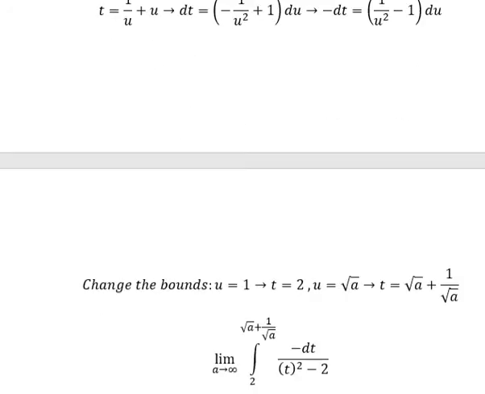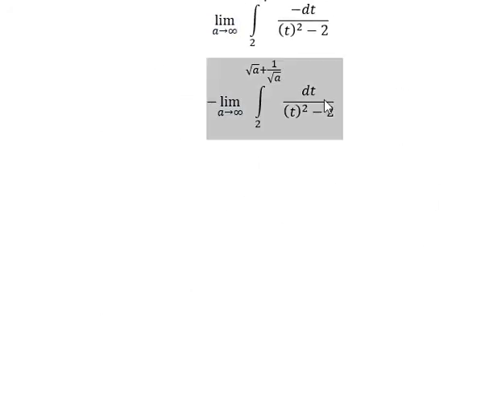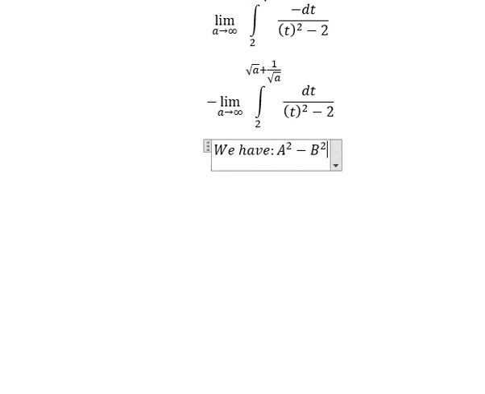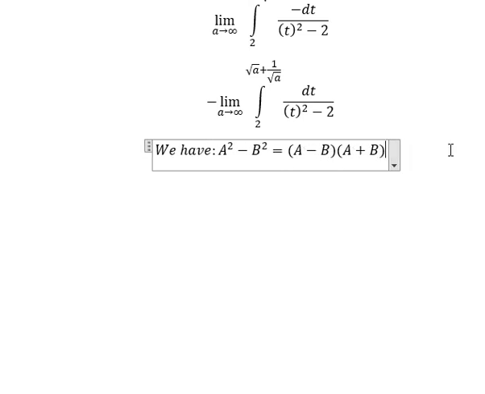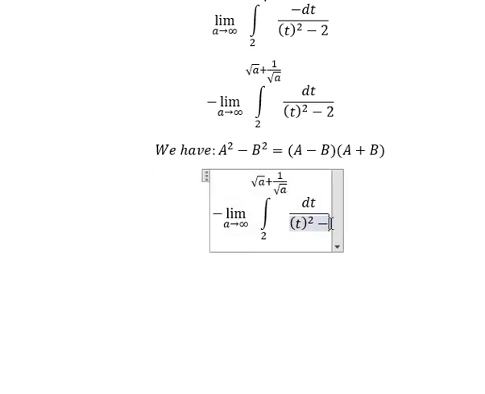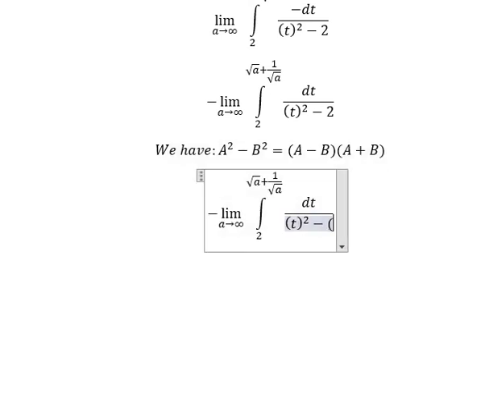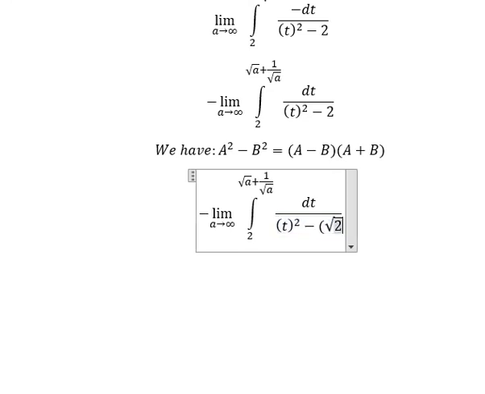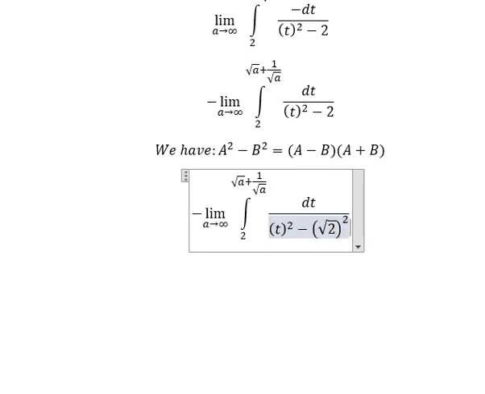Next, I need to use this formula in here: a square minus b square equals a minus b multiplied by a plus b. So number 2 in here, that is the square root of number 2 to the power of 2.